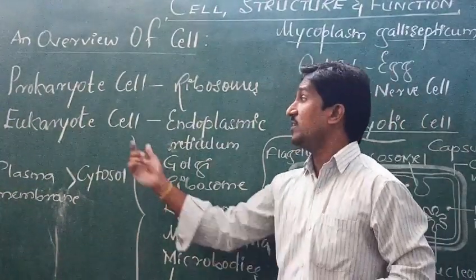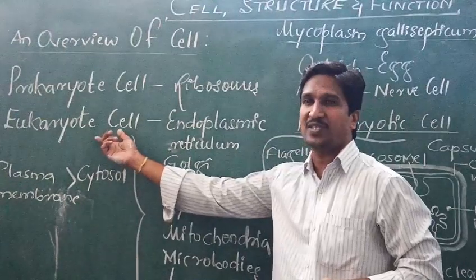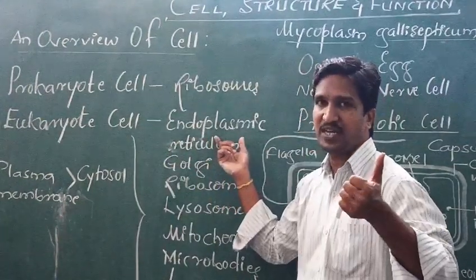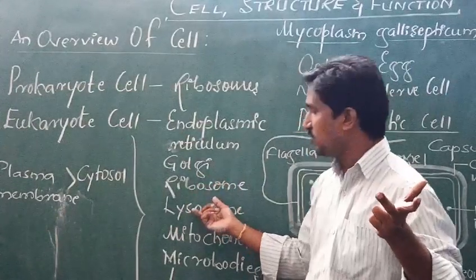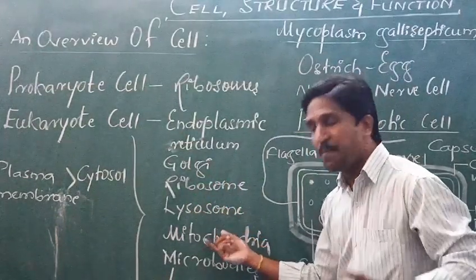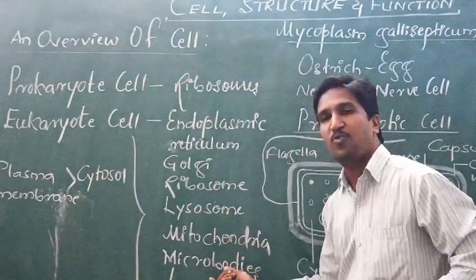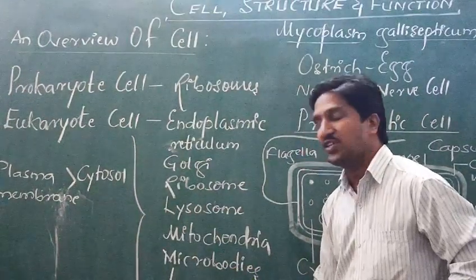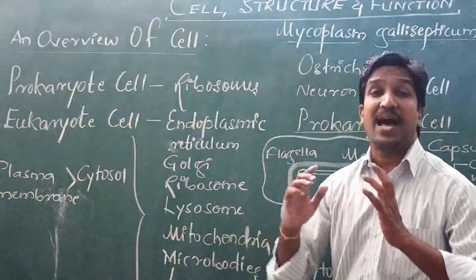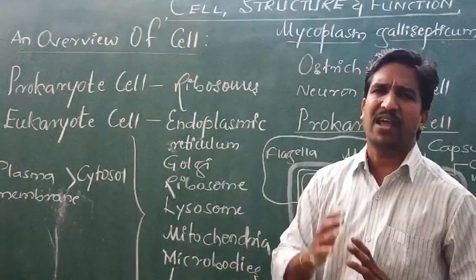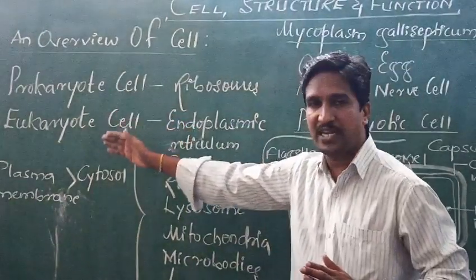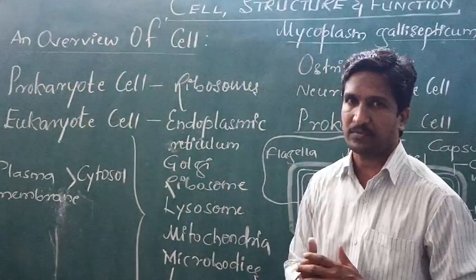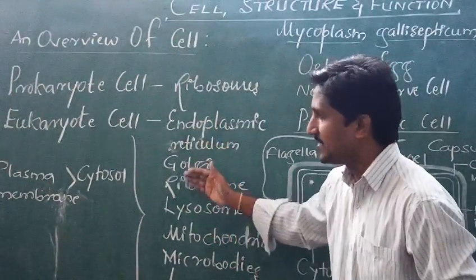The cell organelles present in a eukaryotic cell are the endoplasmic reticulum, Golgi complex, ribosomes, lysosomes, mitochondria, microbodies, vacuoles, centrioles, plastids and so on. Many are there. You will learn about them separately, in detail, during the study of prokaryotic and eukaryotic cells.